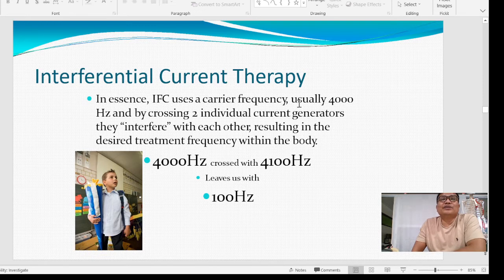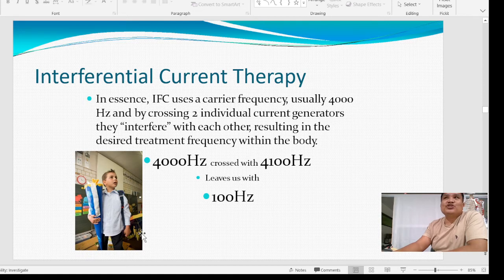So 4 kilohertz, and by crossing two individual current generators, they interfere with each other, resulting in the desired amount or desired treatment frequency within the body. So mahitabo class na ay carrier frequency. Gina-cross na siya dito sa imuhang swift, no? Na swift na frequency to produce a 100 hertz. So 100 hertz is a low frequency.